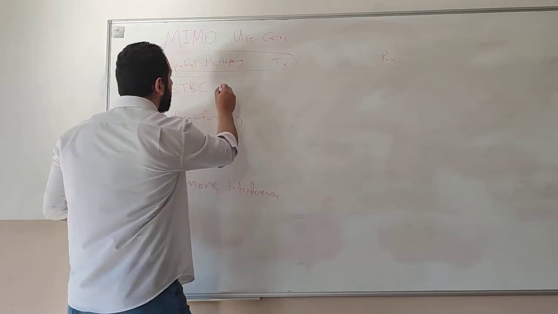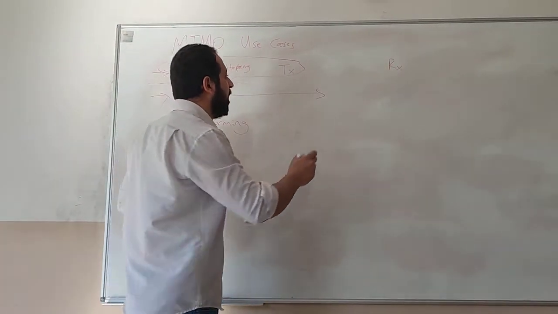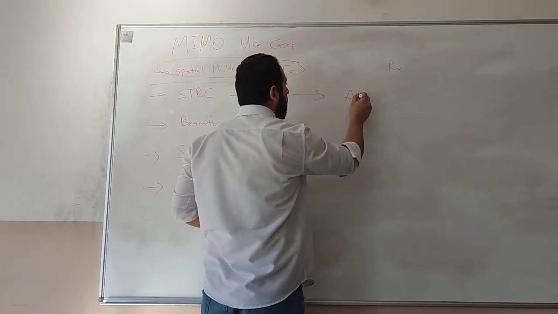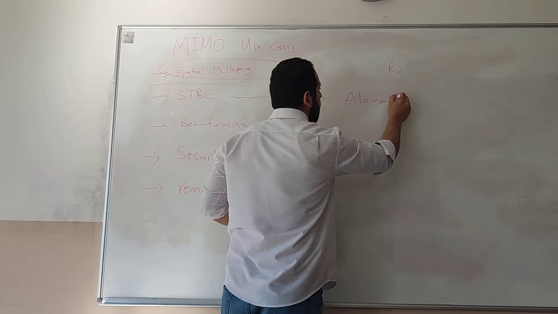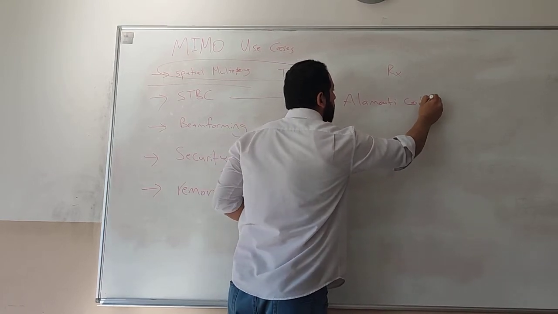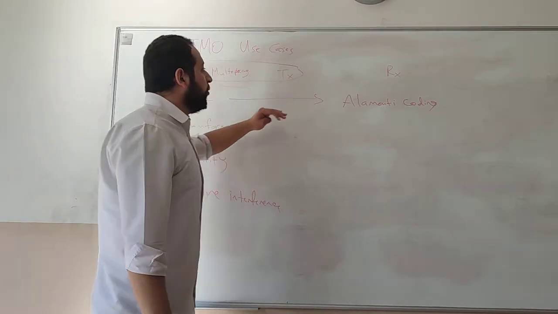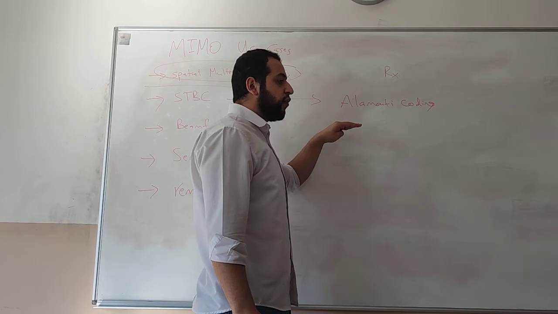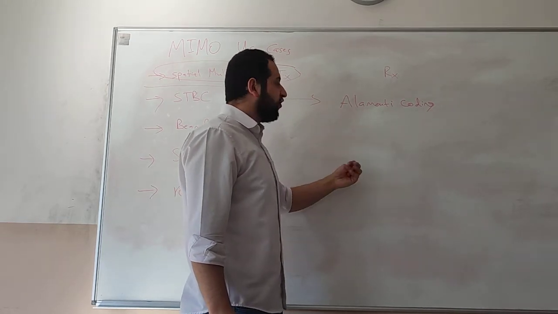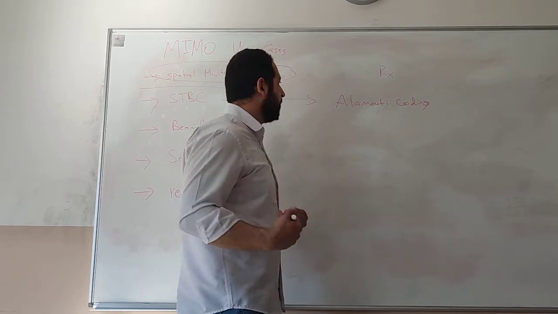But today we will talk about a special topic called space-time block coding, and we will start with something we call Alamouti coding. So what's Alamouti coding? In Alamouti coding, the main purpose is to try to exploit the diversity in the channel in order to improve the bit error rate at the receiver side.